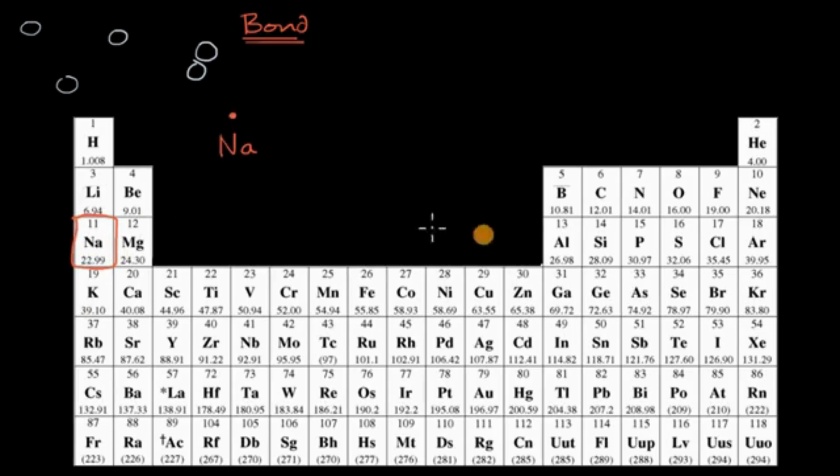Now let's go to the other end of the periodic table and look at chlorine. Chlorine is a halogen. Halogens have 7 valence electrons. So chlorine's valence electrons would look like this. It has 1, 2, 3, 4, 5, 6, 7 valence electrons.